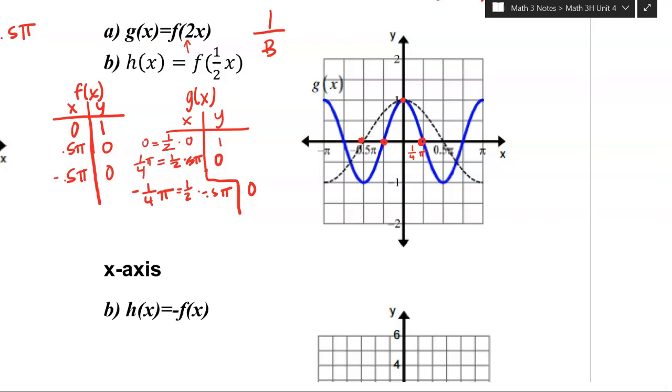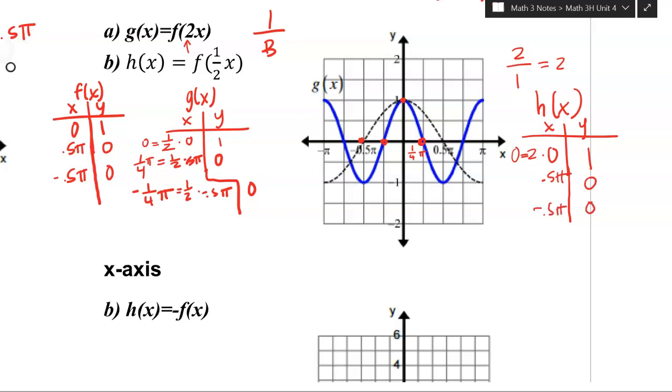So that means we are going to be multiplying by 2 because the reciprocal is 2 over 1. So that's just 2. H of x, x and y. So we have 0, 1. 0 times 2 is still 0. And then next one we have our 0.5 pi and 0 and negative 0.5 pi and 0.